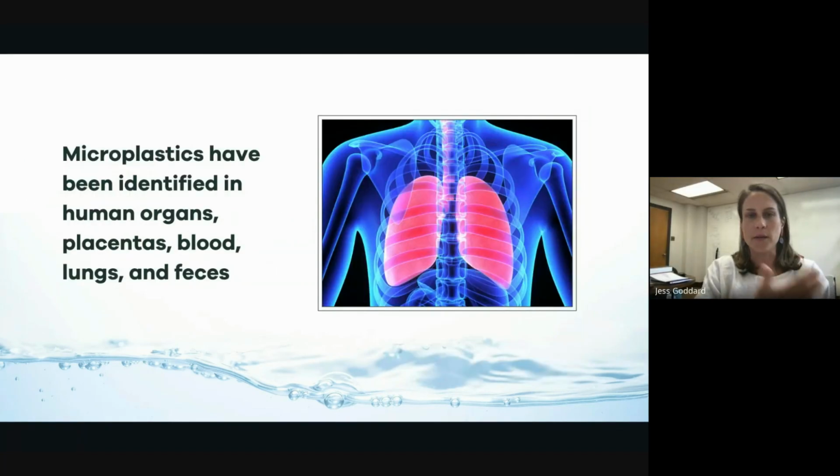So, as Johnny was alluding to, microplastics have actually been identified in human organs, placenta, blood, lungs, feces, and throughout our bloodstream, which is pretty unfortunate. The question really is, what is the effect of these exposures on human systems?